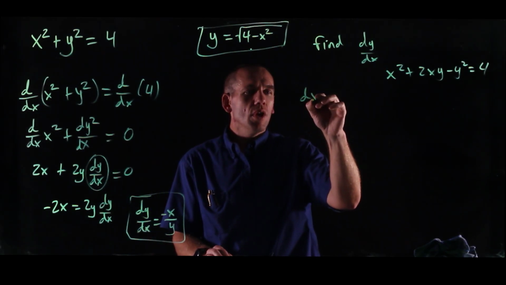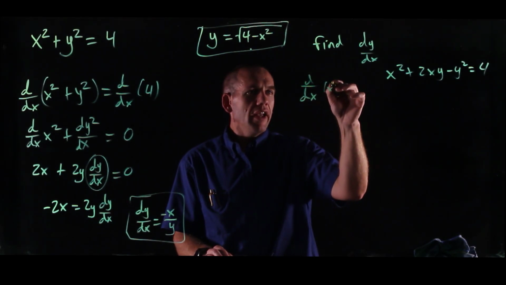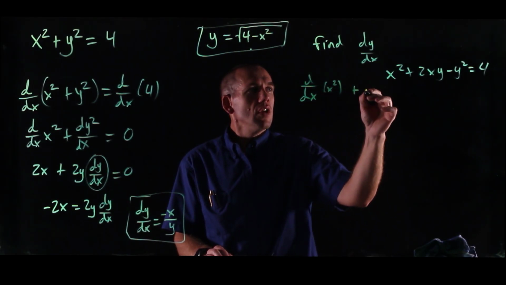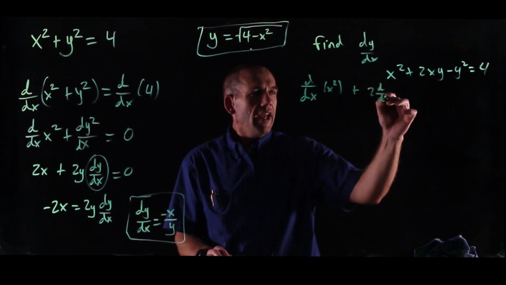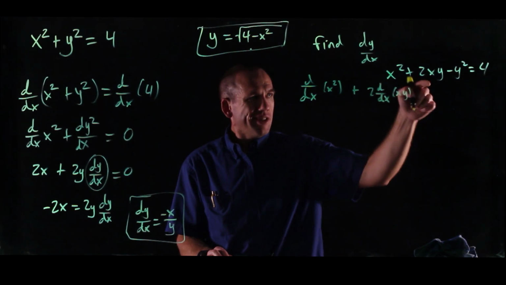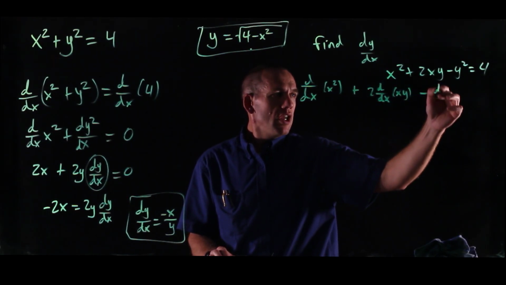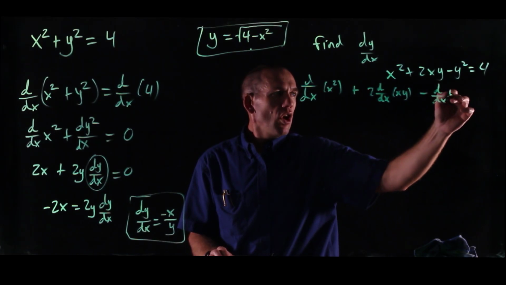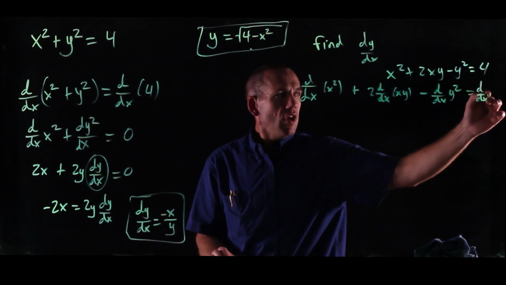So the derivative with respect to x of x squared, plus twice the derivative with respect to x of xy (I just pulled that 2 out front), minus the derivative with respect to x of y squared (pulling out that negative 1), equals the derivative with respect to x of 4.